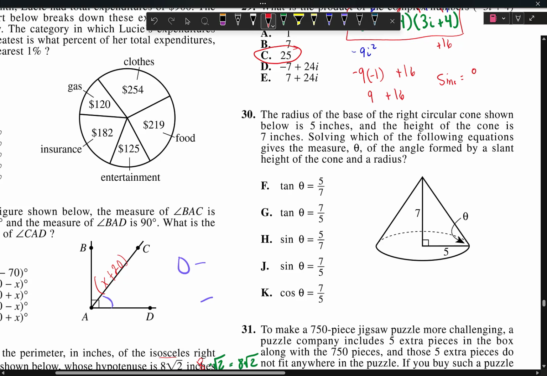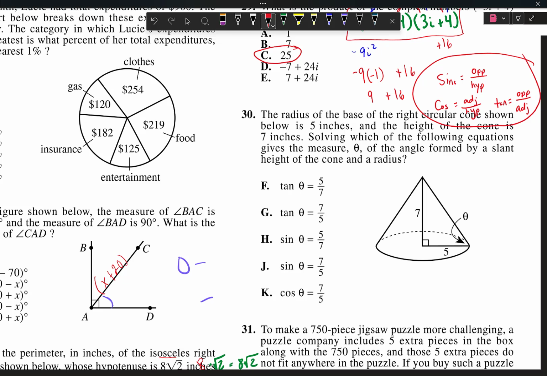Sine is opposite over hypotenuse. Cosine is adjacent side over hypotenuse. And tangent is opposite over adjacent. So you'll need to know these three trig ratios to answer this question.